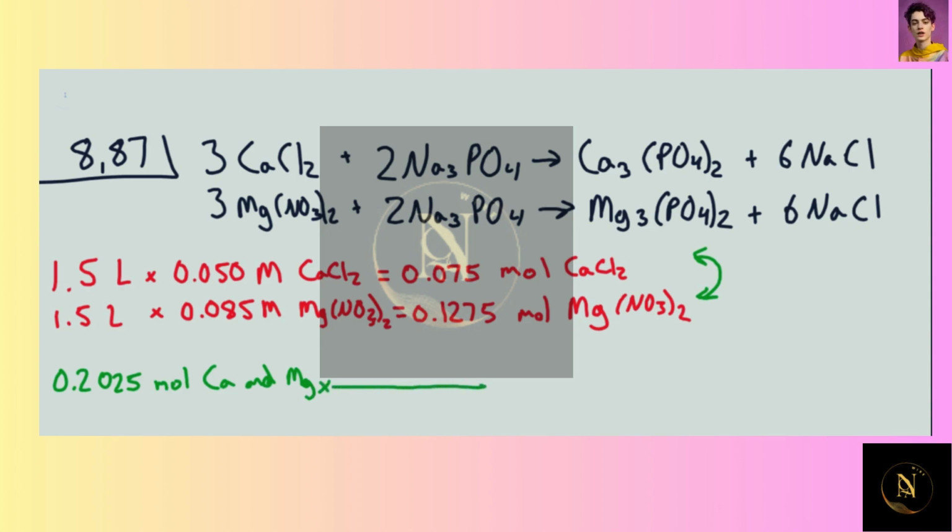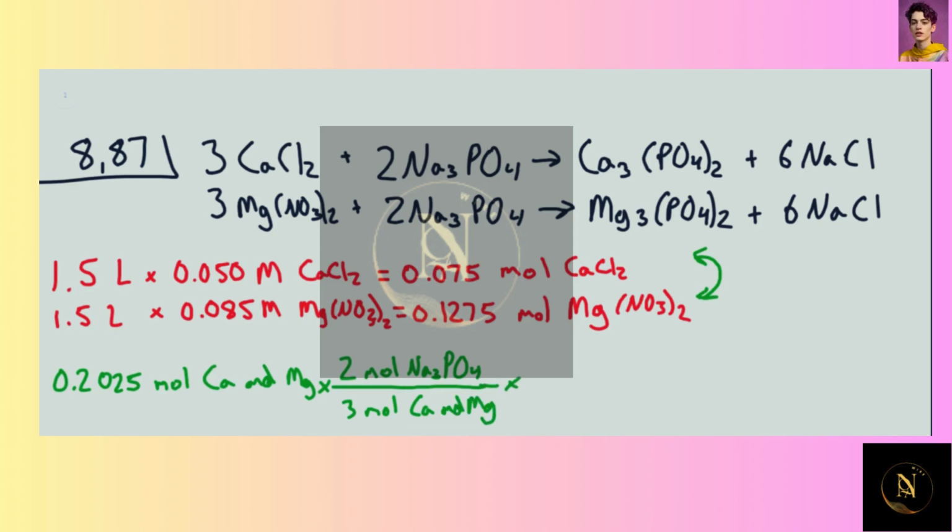So here we multiply by the molar ratio. So for every 2 moles of sodium phosphate, we have 3 moles of calcium and magnesium. Again, the ratio is the same, so it doesn't matter that we combine them.